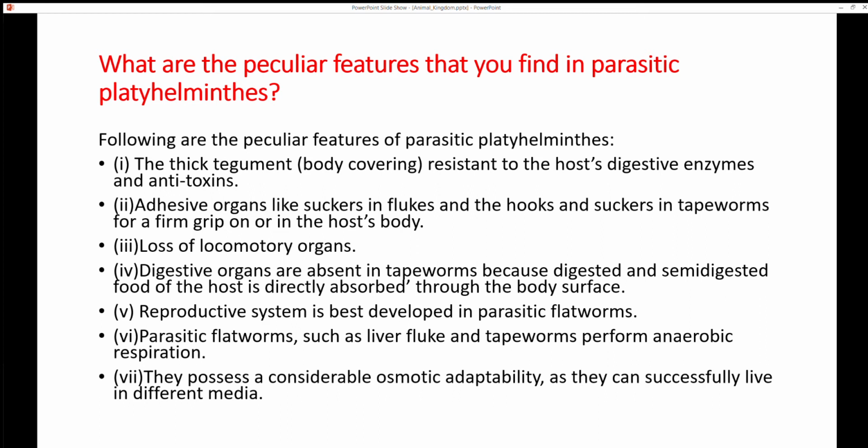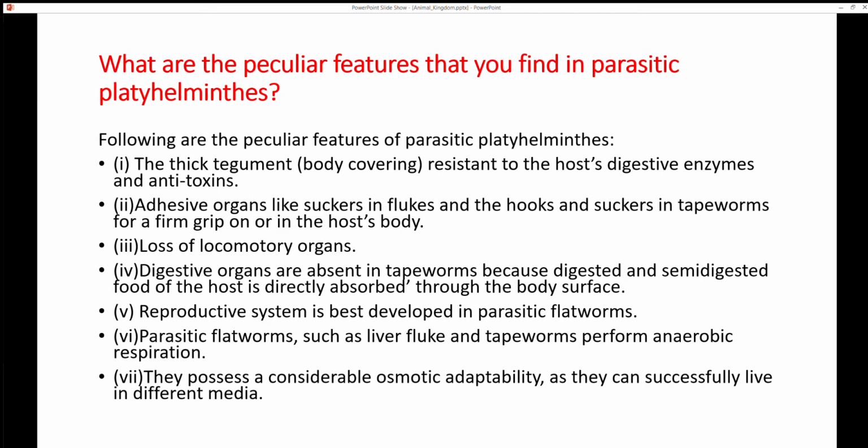The loss of locomotor organs: it will be inside the host, so there will be no locomotor organs like legs, flagella, cilia. Digestive organs are absent in tapeworms because semi-digested food of the host is directly absorbed through the body surface.